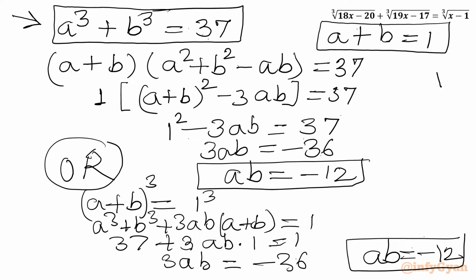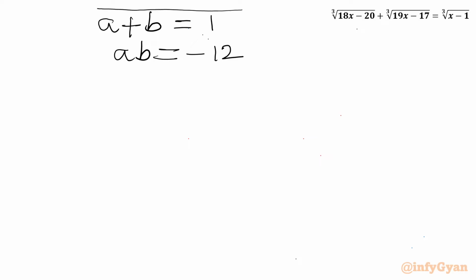Now we have this equation and we have this equation. Let's find out a or b. So I will be writing a plus b equal to 1 with ab equal to negative 12. Now I can think about a quadratic equation whose roots are a and b.